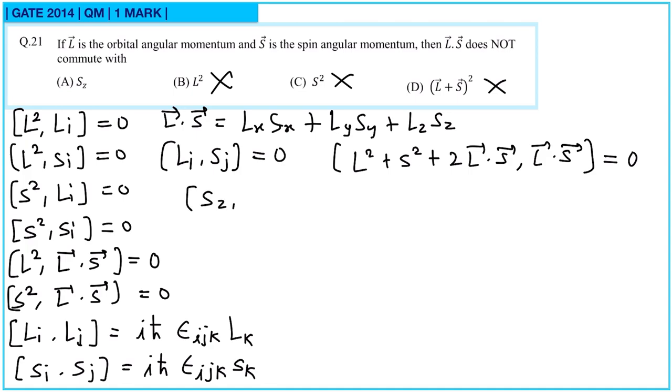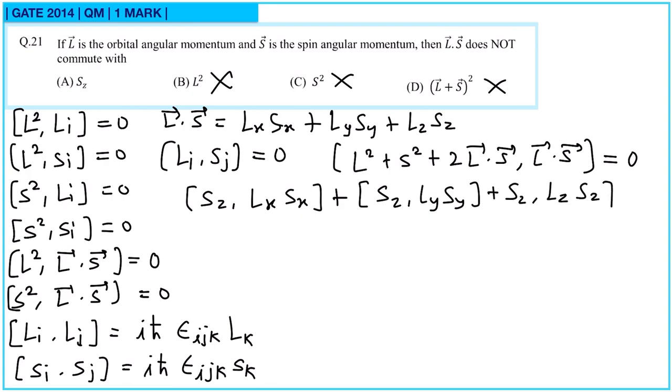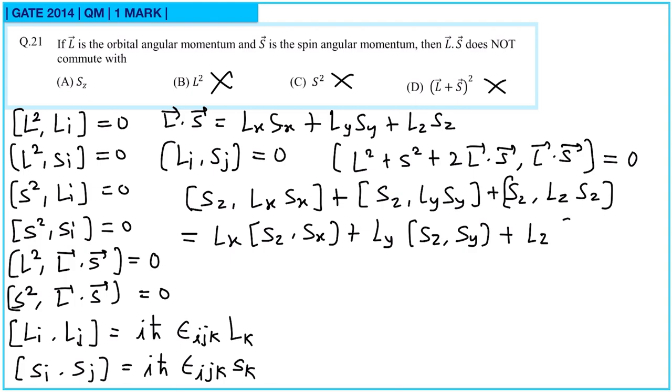We have Sz and L dot S, so this will be Lx Sx plus, we have Sz, then the second term will be Ly Sy, Sz, then Lz Sz. Now we know Li Si is equal to 0, so using the multiplication rule we can expand this. So this will be Lx Sz Sx plus Ly Sz Sy plus Lz Sz Sz.